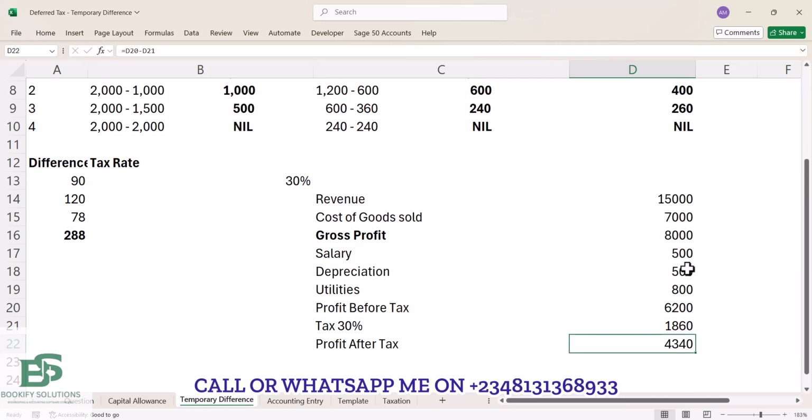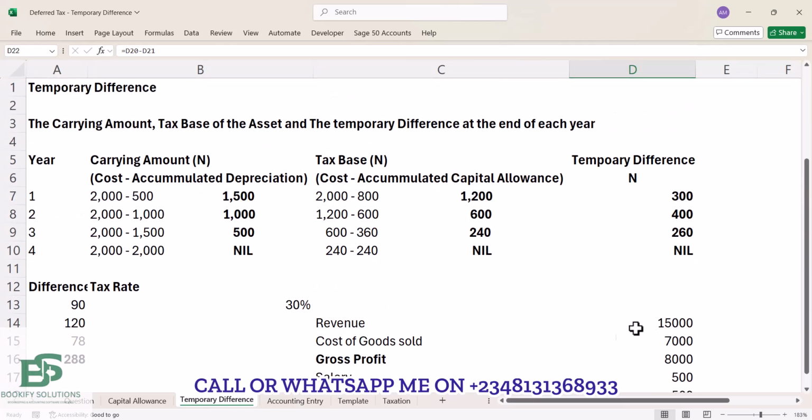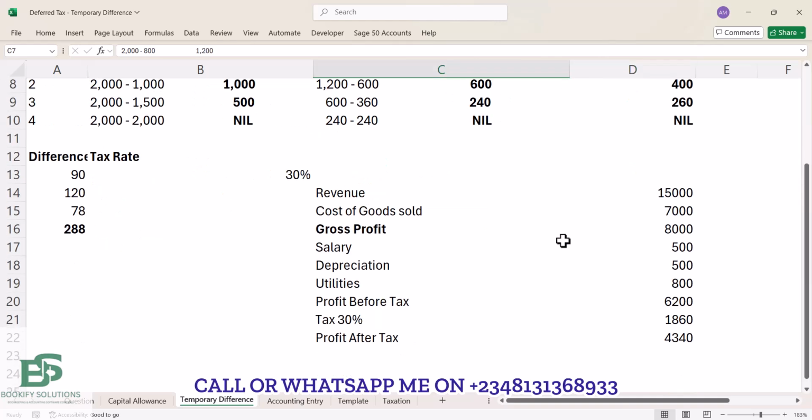What we want to use, remember at the first year they calculate, we won't use 800. So if 800 is what they won't use, we come here and put 800 here. So let's say depreciation is now 800. They will remove this, they will add this money back.